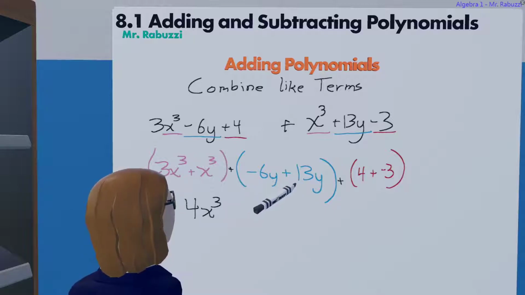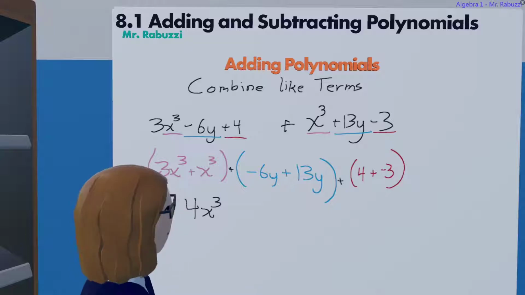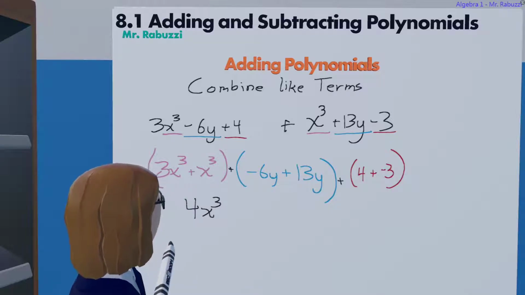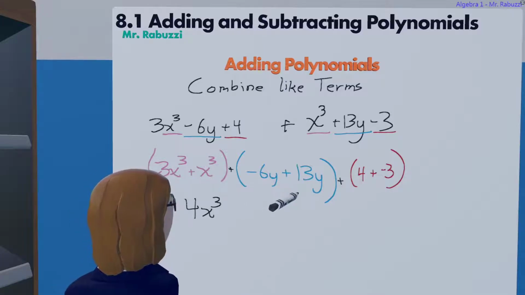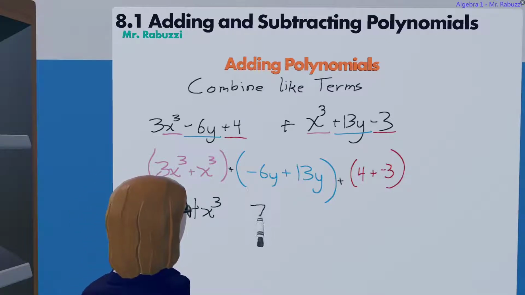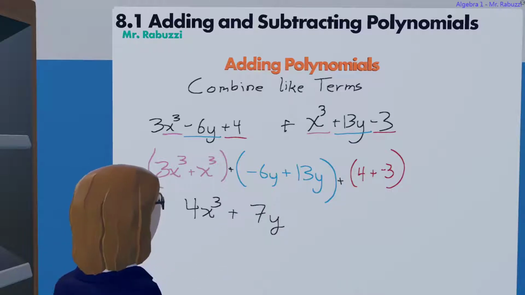-6y plus 13y. Okay, I can use a calculator here, or I can use my brain. And I'm going to say -6 plus 13 is a positive 7y. So this was positive, so we're going to keep the plus.